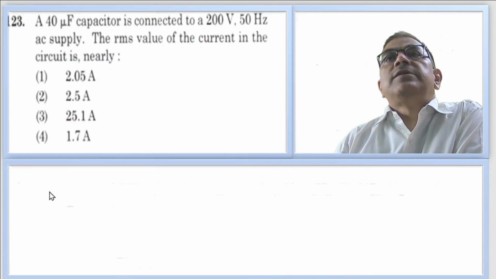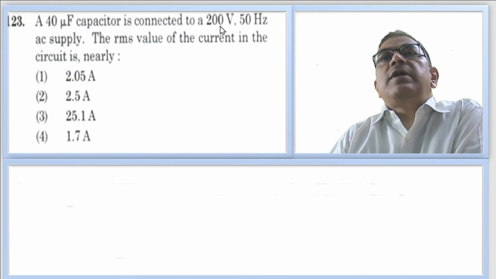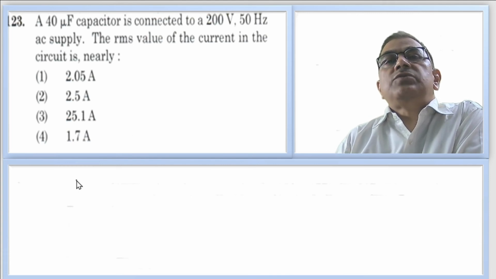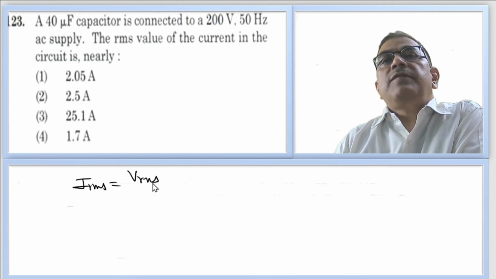The next part. So here is a capacitor connected to a 200 volt, 50 hertz supply, the RMS value of current. So I RMS should be equal to V RMS upon XC, the capacitive reactance.